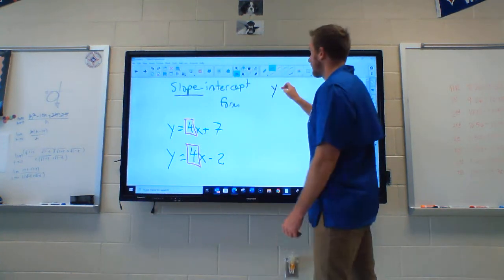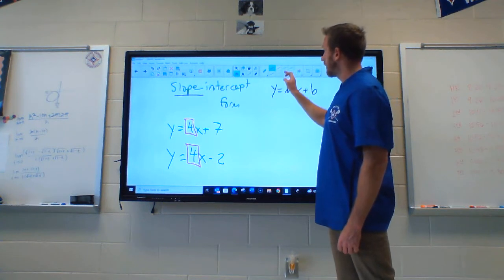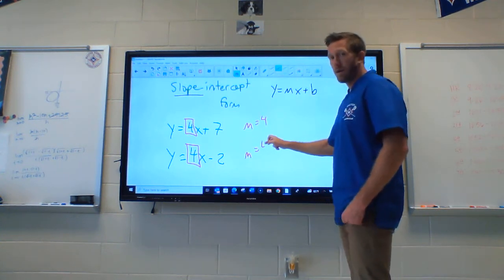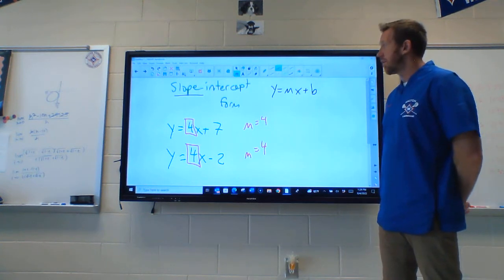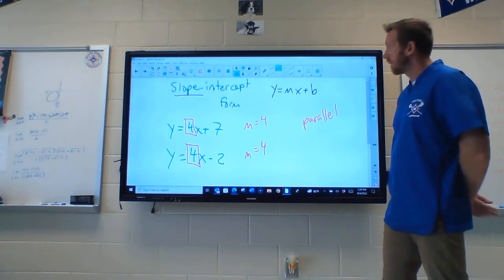Remember, slope-intercept form is y equals mx plus b. And so for each of these problems, we have a slope of 4. And since we have a slope that is identical, then we know they are parallel. Okay?